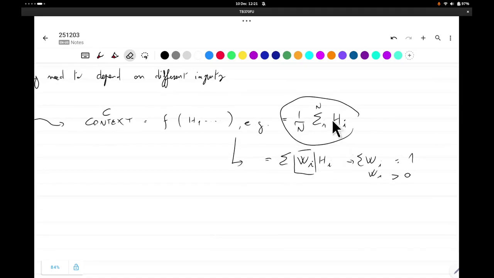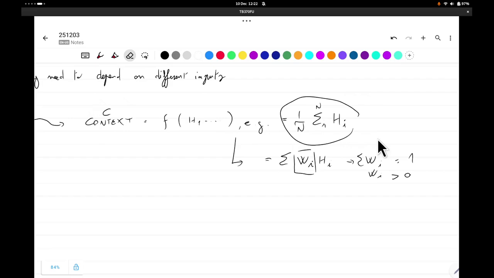And then, let's say more simply, where I closed last time, I take an average. So I define the variable context as the average of the state functions in all the previous steps.